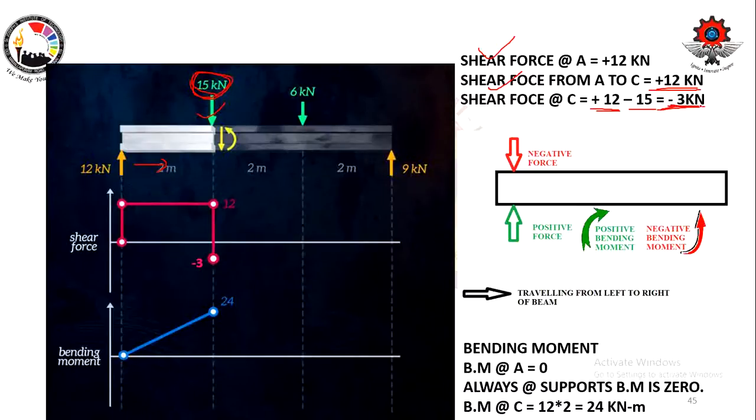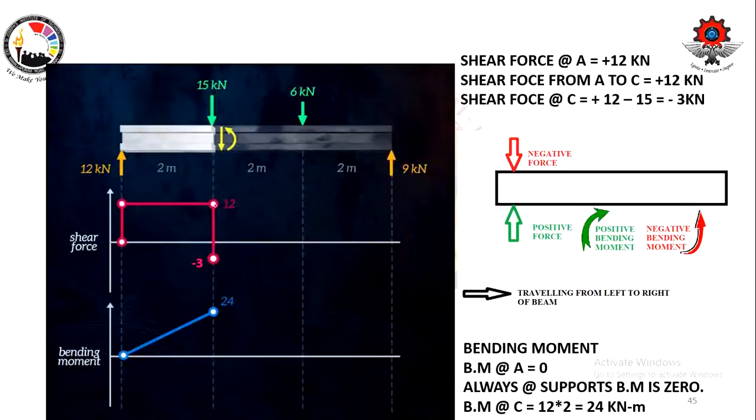Minus 3 kilonewton. How are you going to draw that here? I told you this is a reference line or the axis line, above which is positive and below it is negative, right? This is the neutral of 0.